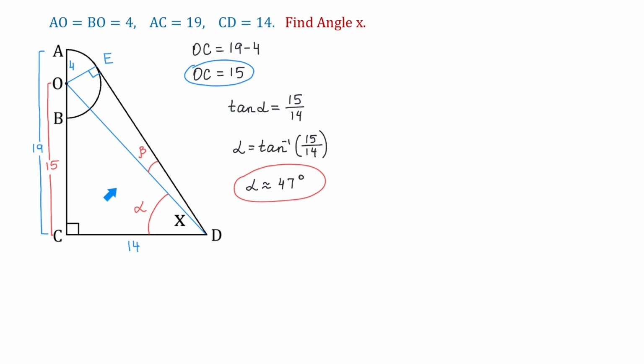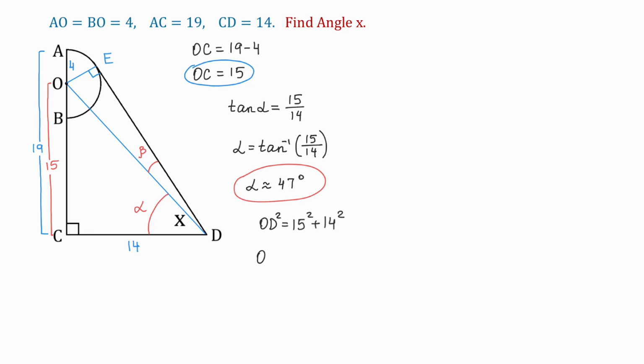So in the first triangle, using the Pythagorean theorem, we can write that OD squared equals 15 squared plus 14 squared.